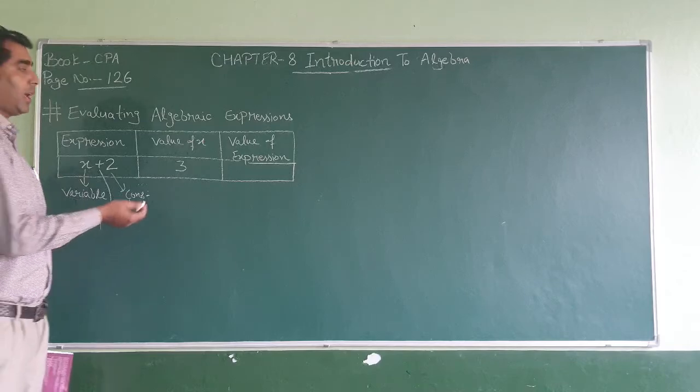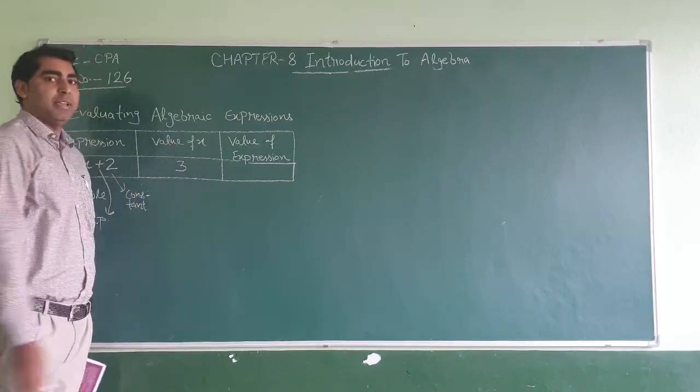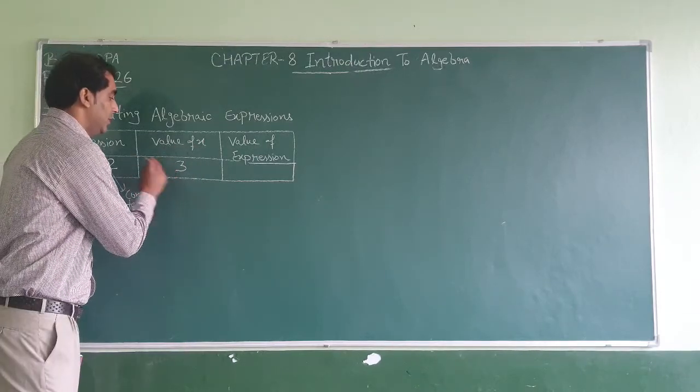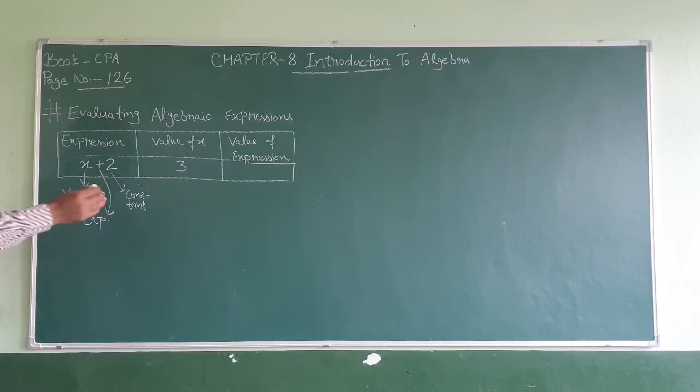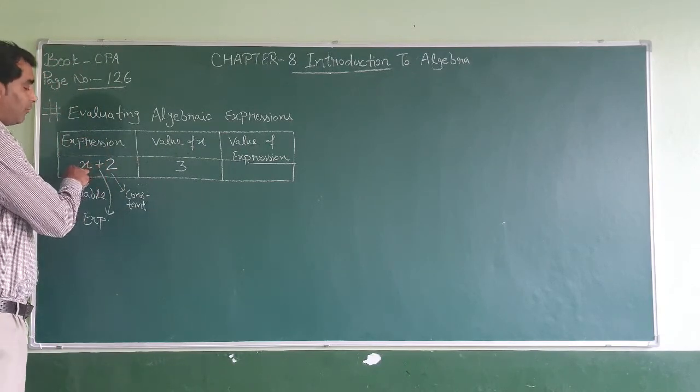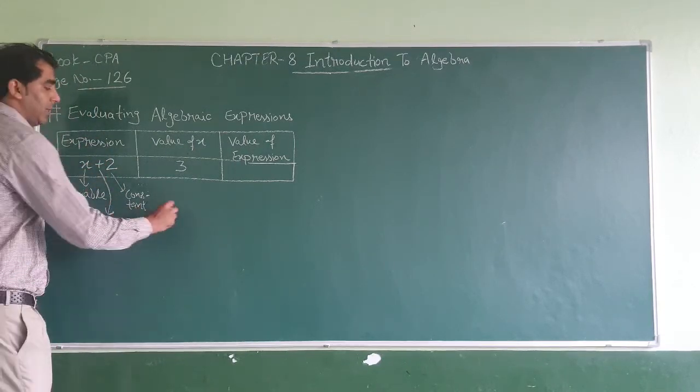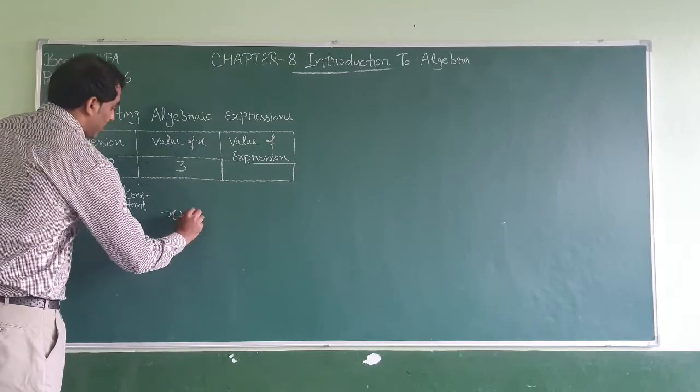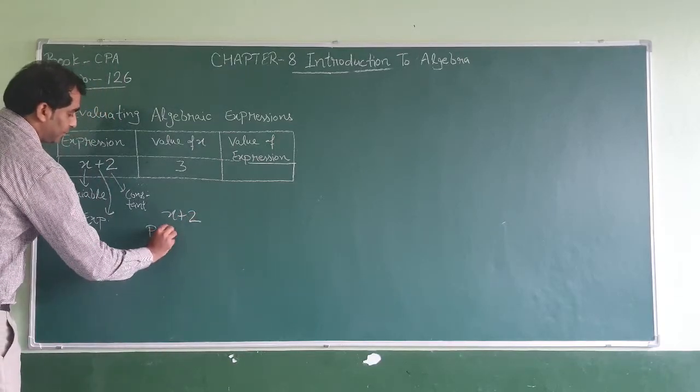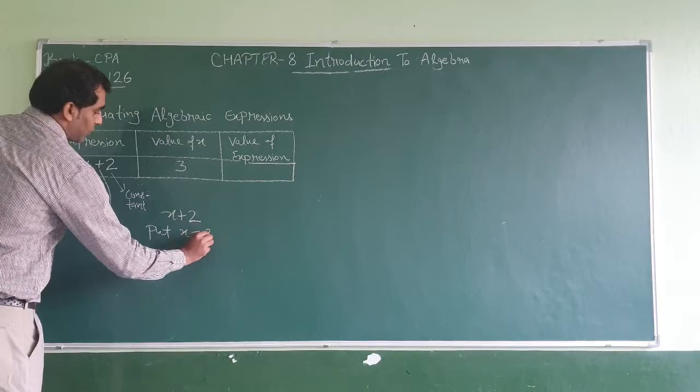So now if we have a value of x, we will put it instead of x. Suppose here is x plus 2, then put x equal to 3.